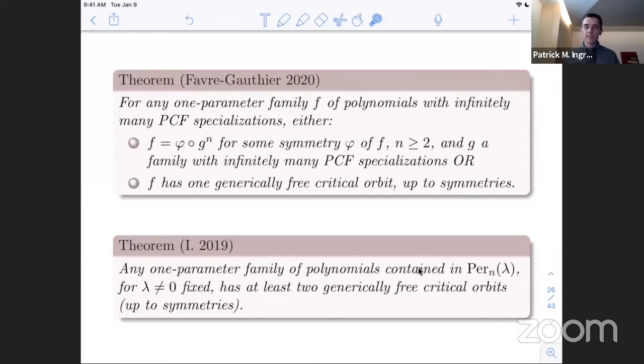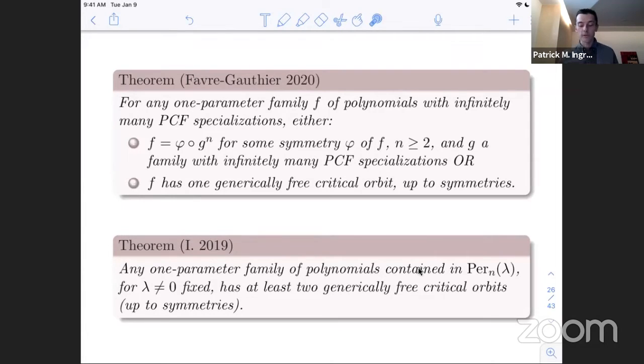One last thing I wanted to mention in this area before I move on to higher dimensional examples is a very recent paper, well, it's a book, I guess, of Favre and Gauthier. They give a fairly general statement about this problem for polynomials.